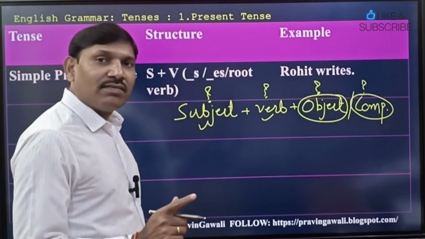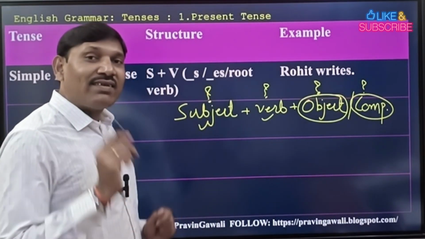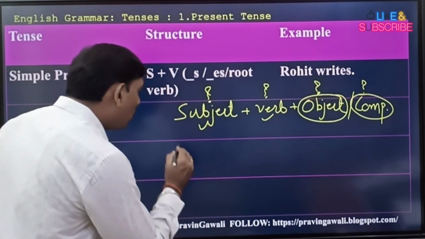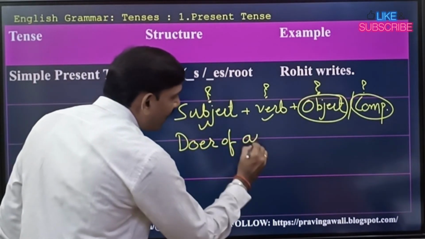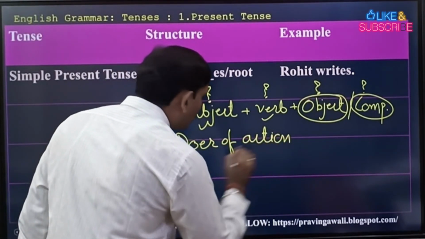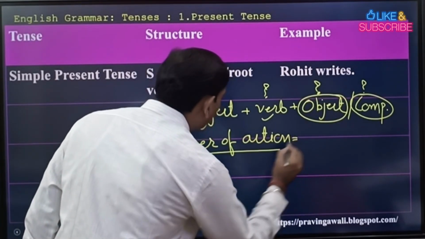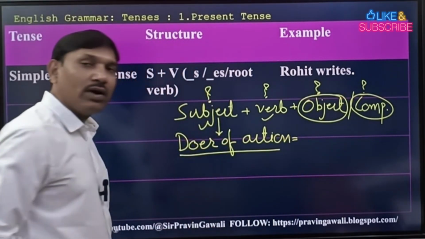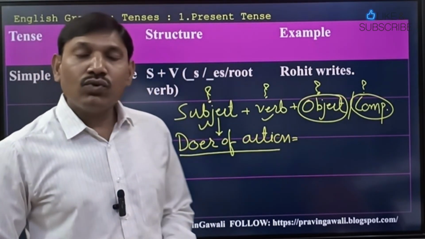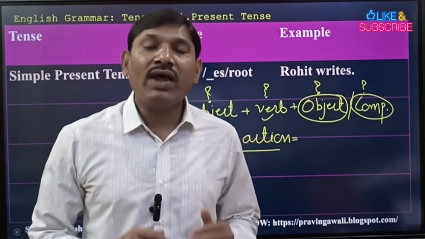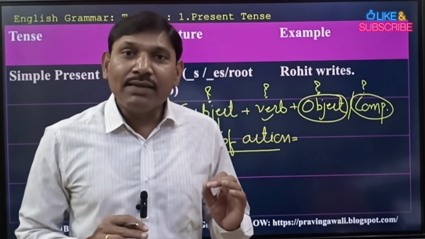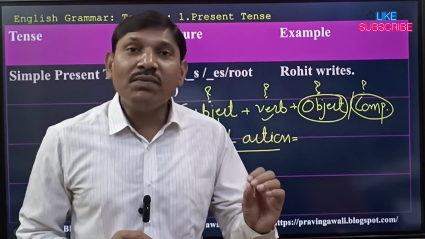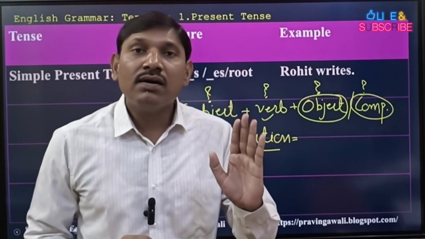In a sentence, if a doer of action is there, that doer of action is called the subject. Always we do not see the doer of action in the subject. Sometimes we get information about something in the sentence.